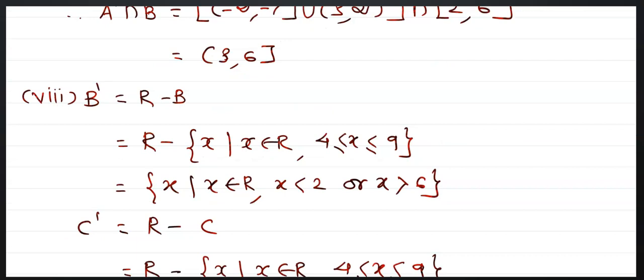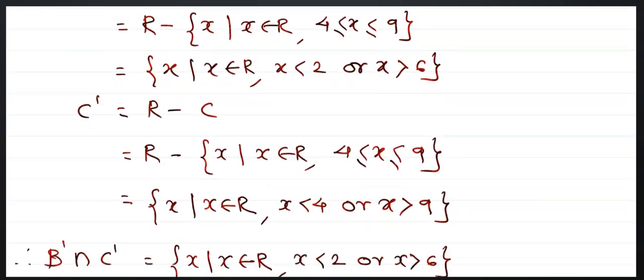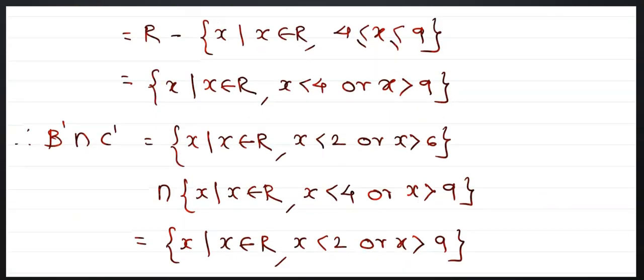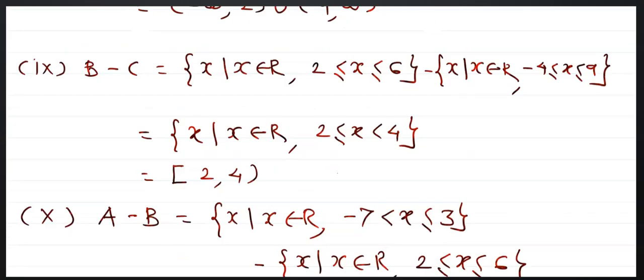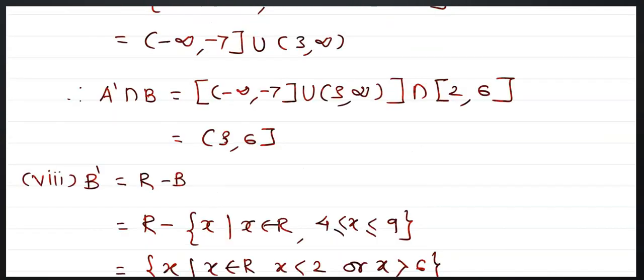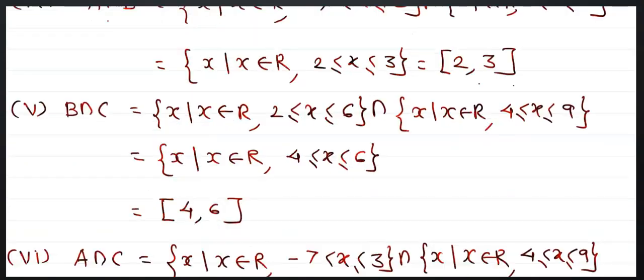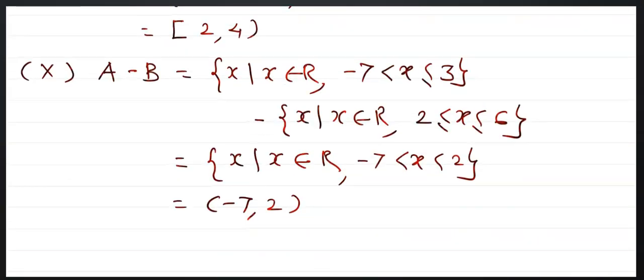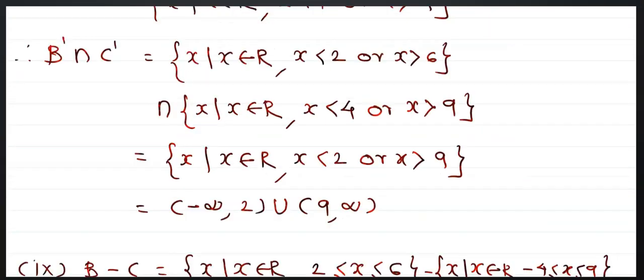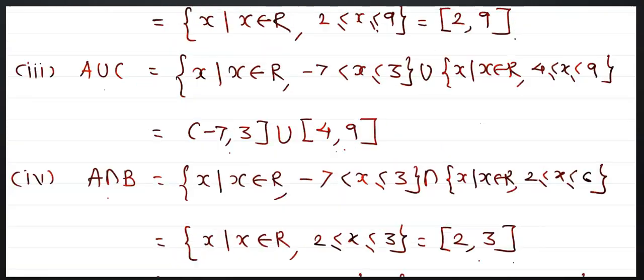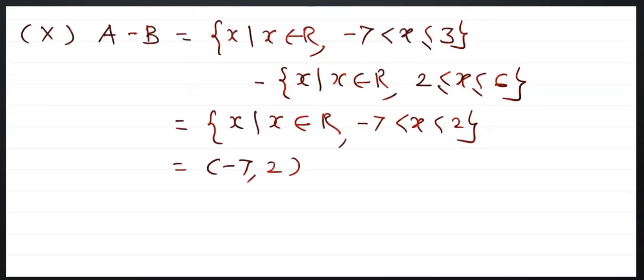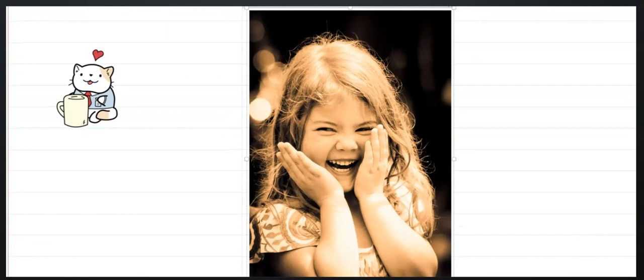That is, B complement is equal to R minus B, C complement is equal to R minus C, and in this way we have completed this exercise 5.1.